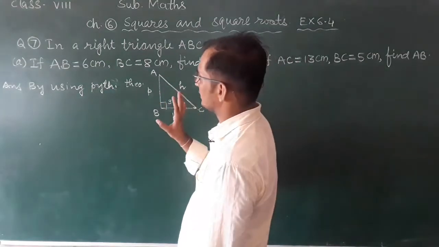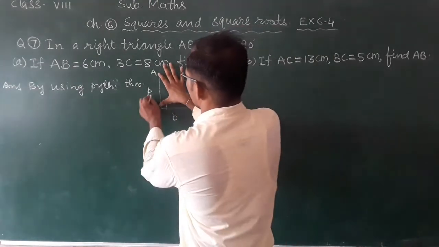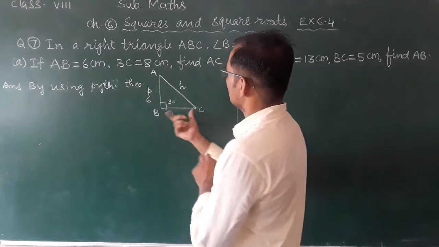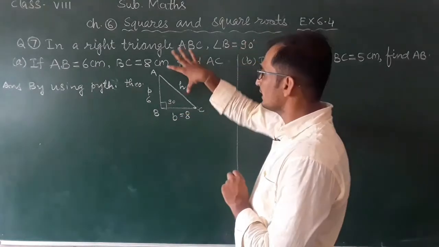And what is given here? AB means this side, this is 6 centimeter, and BC is equal to 8 centimeter. Then we have to calculate AC.